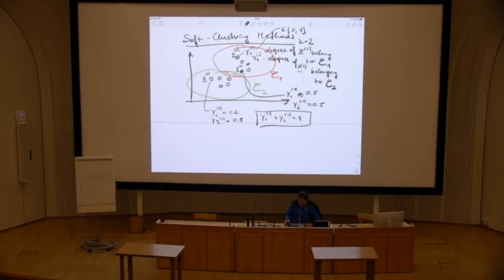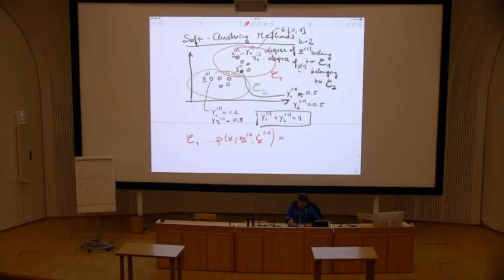But the question is, how do we find out these degrees of belonging? To this end, we will do the following. We will represent each cluster by a probability distribution. In particular, we represent cluster 1 by a probability distribution characterized by a cluster mean vector and a covariance matrix.